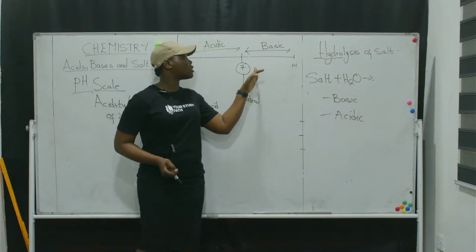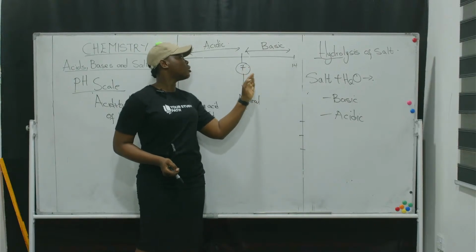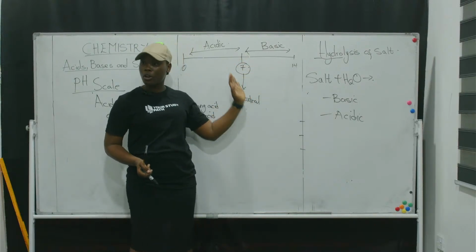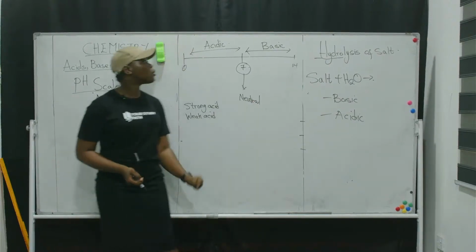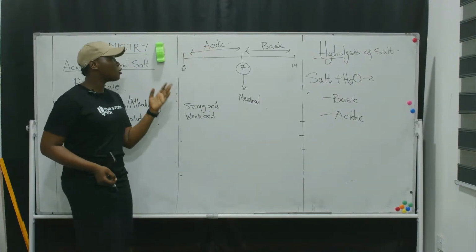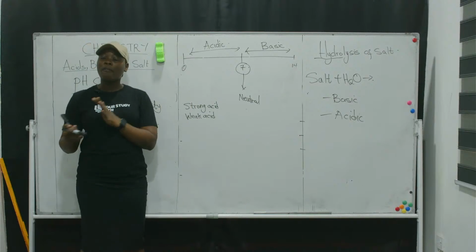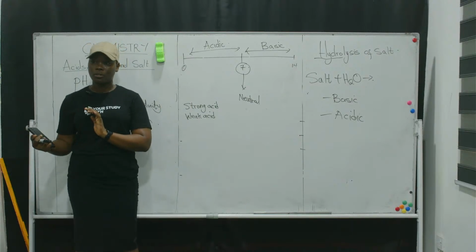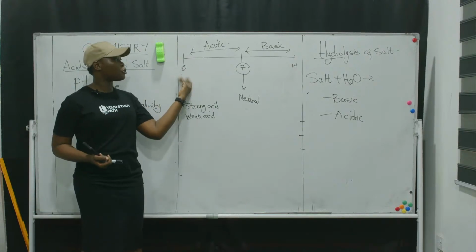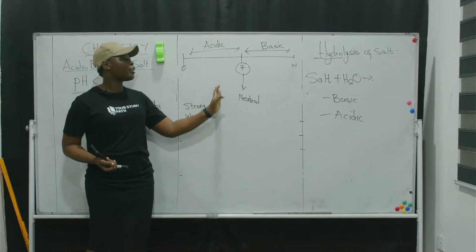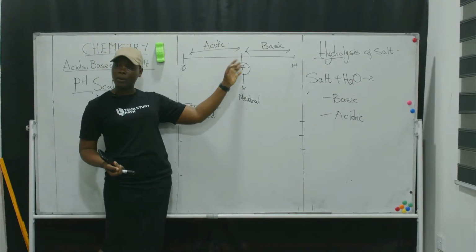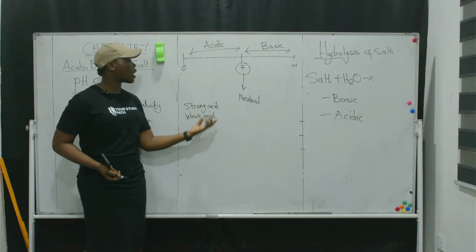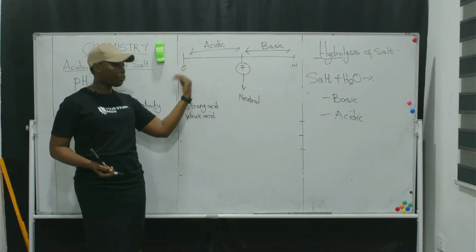When you are close to 7, like 7.1, 7.2, you're still towards neutral. And so strong acids have lower pH values, because moving towards 7 is already going towards neutral. Weak acid will take 6 point something thereabout, and strong acid will be around 1, 2, 3, right?